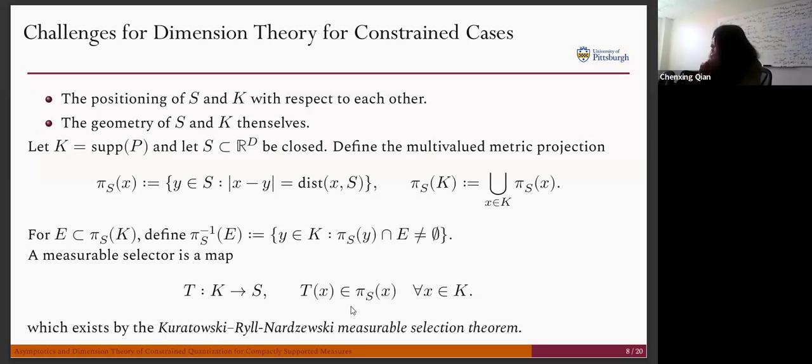And if the constraint has good properties, for example if the constraint is convex, then the metric projection is automatically single valued.